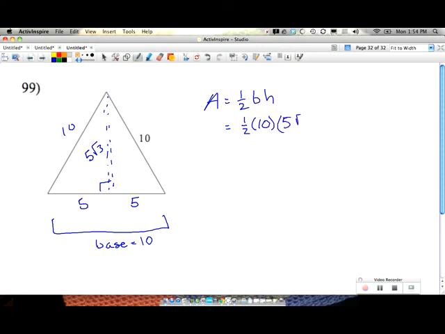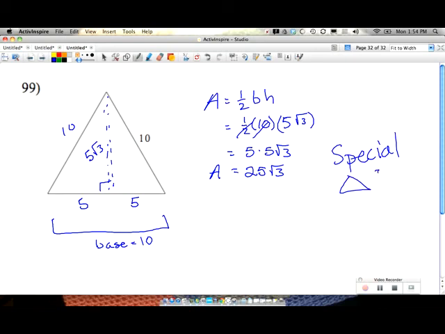So that area was actually pretty easy too, and a lot of it has to do with the special right triangle. The special triangle with the 30, 60, 90. You're going to have to remember that one. And the thing to remember about a 30, 60, 90, let's draw this a little bit cleaner here. Perfectly straight lines.